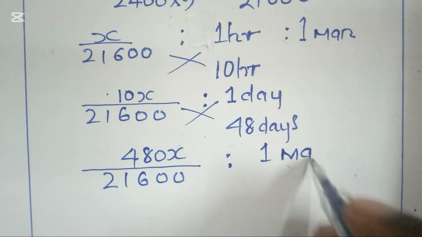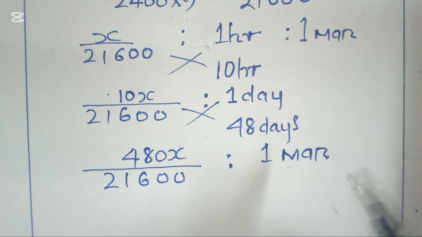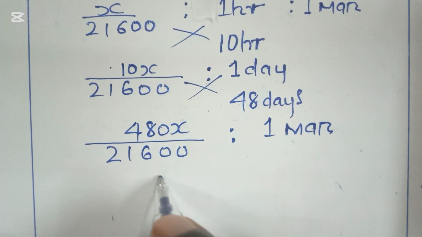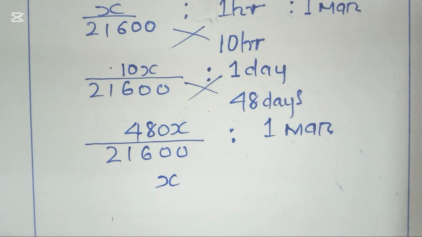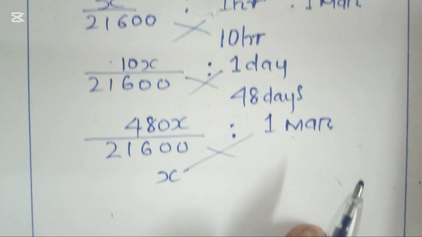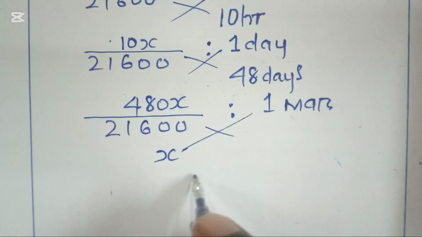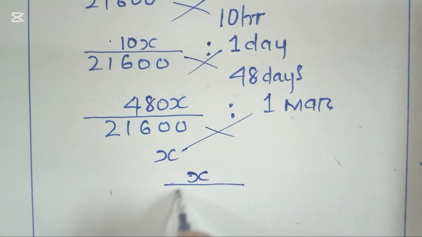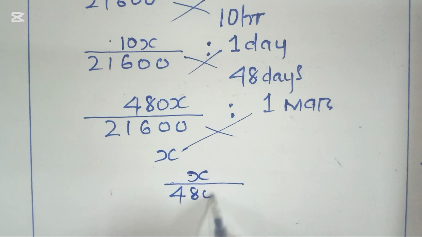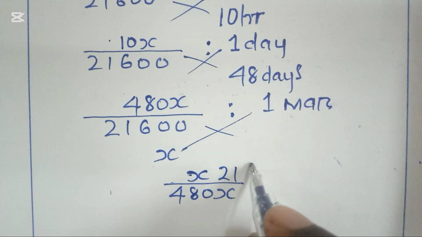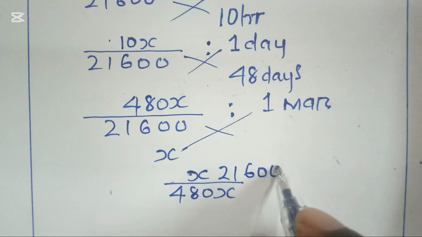So it means that one man cannot finish, but the amount of work needed to be finished is actually x. So let's find out how many people can finish that work. We cross multiply. So that is x all over 480x multiplied by 21,600.